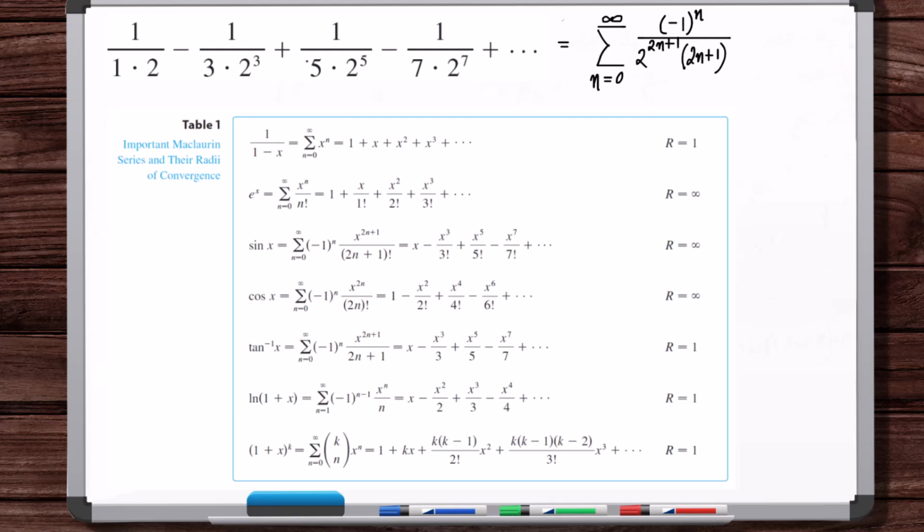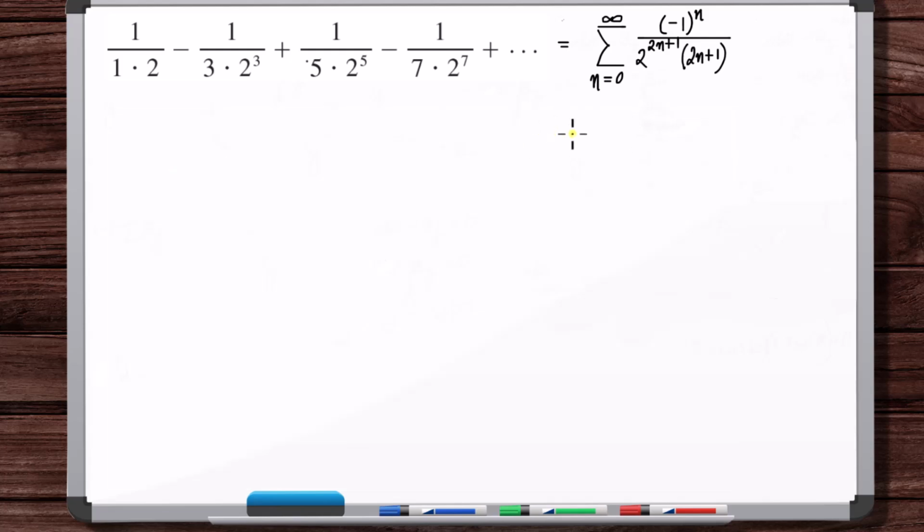We can rewrite this as minus 1 to the n, and then we can write the 2 to the 2n plus 1 in the denominator as 1/2 to the 2n plus 1 over 2n plus 1.